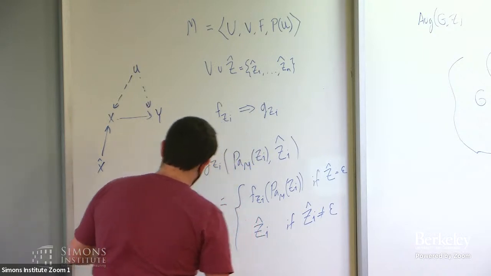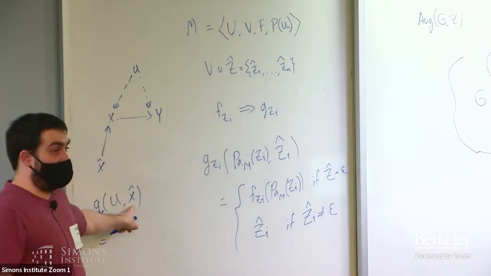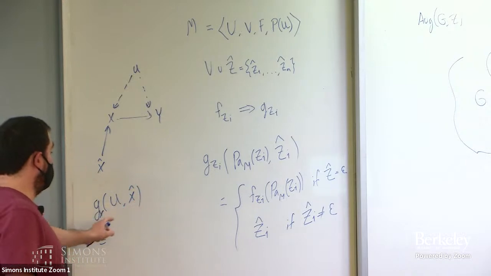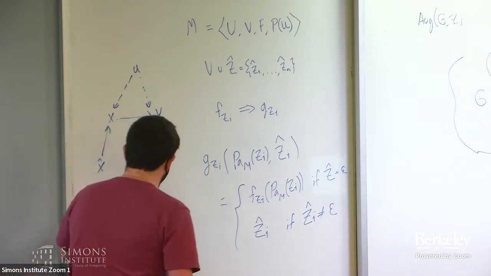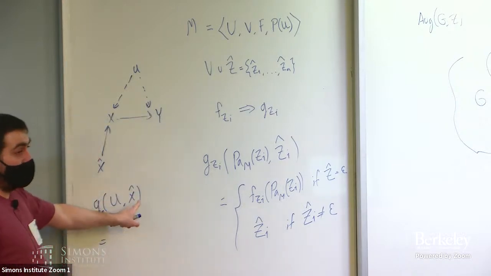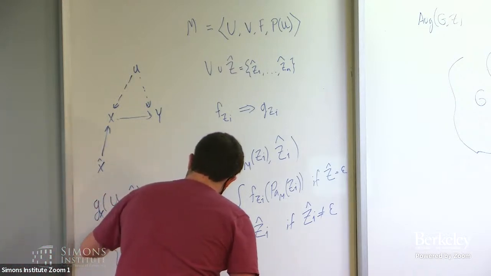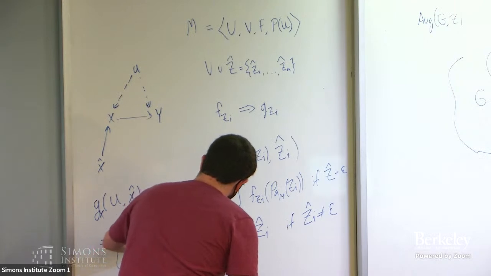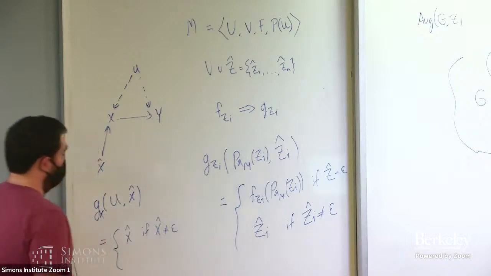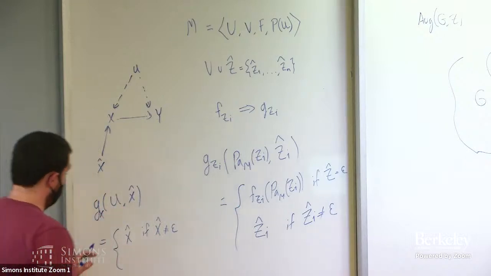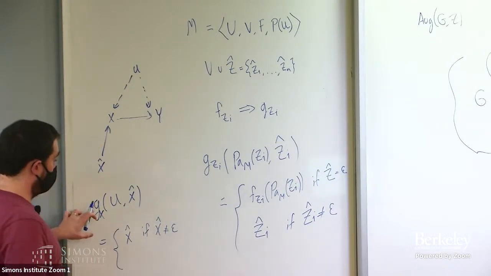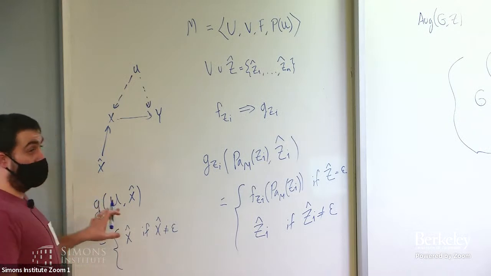If X hat is set to something other than epsilon, G will just ignore the value of U and just copy X hat. If it's set to epsilon, then G will do what it would have done before.